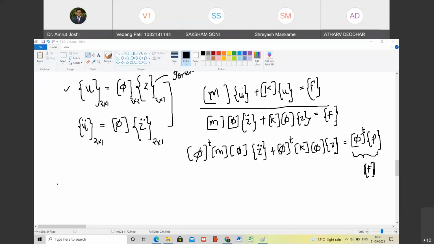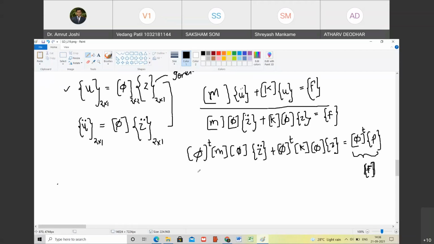This is the other mistake that we had made, so I have corrected that. So it is phi transpose M phi Z double dot plus phi transpose K phi Z is equal to phi transpose into F, and this we are going to call capital F.